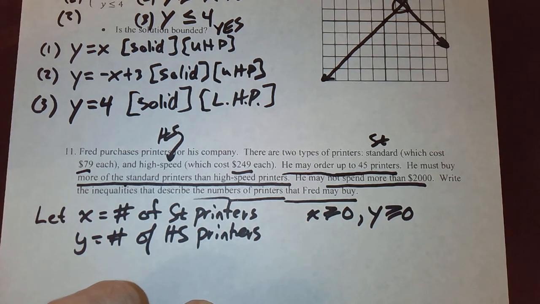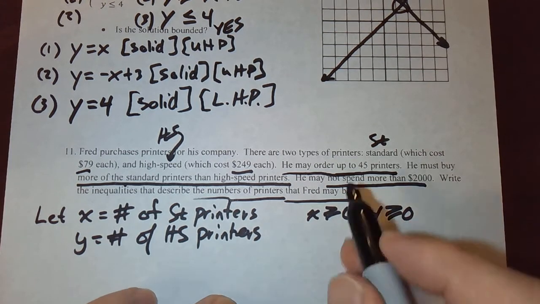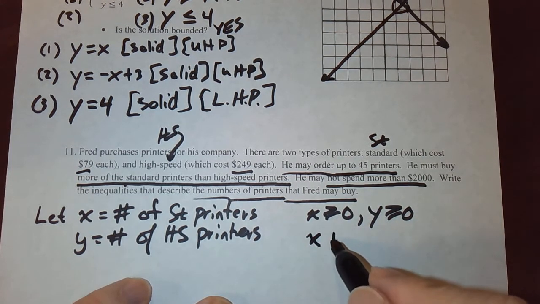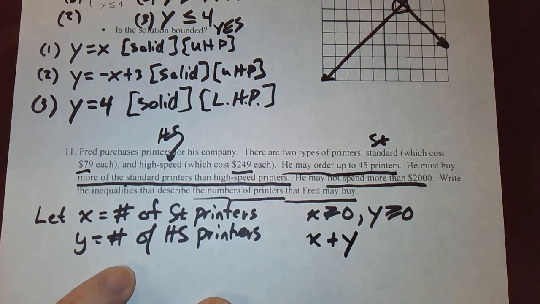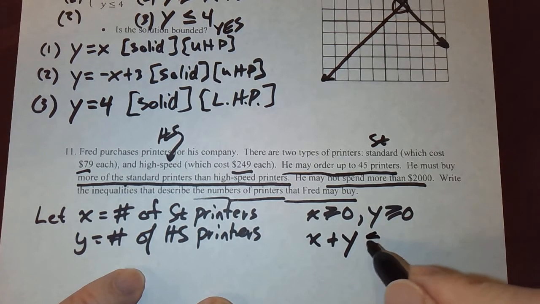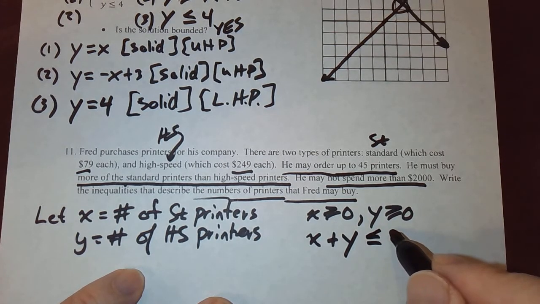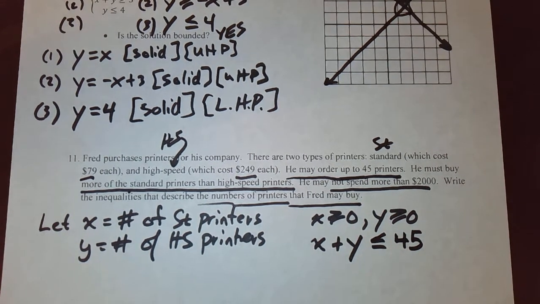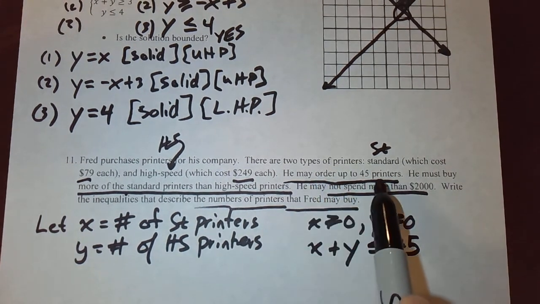So he could order 0, 1, 2, 3, all the way up to 45, but he could not order 46. That tells us that x, the number of standard, plus y, the number of high speed, is less than or equal to 45. Okay, that's how we find the inequality for this one.